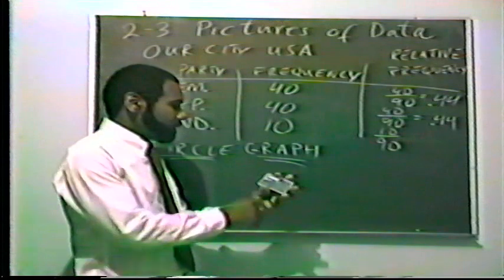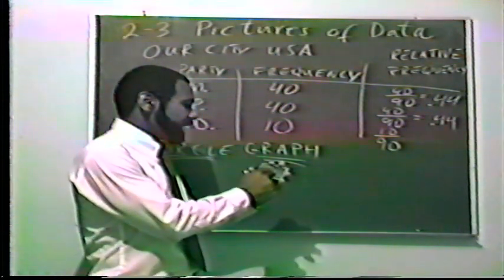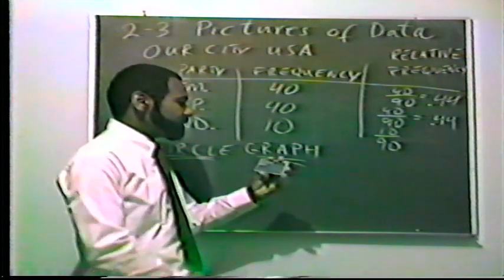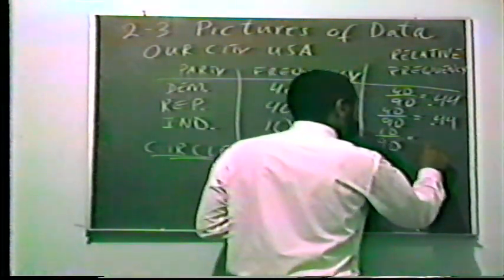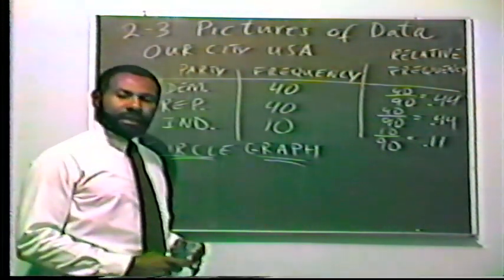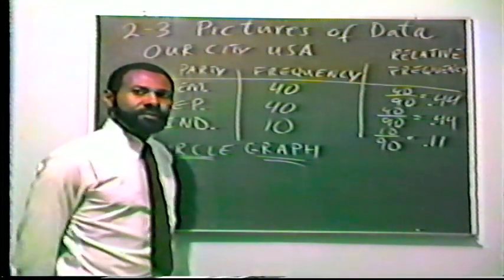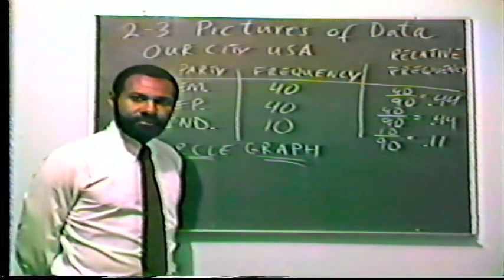And lastly, we have 10 divided by 90, which gives us 0.11 or 11 hundredths. Thus, we have the relative frequencies of the different categories of political parties.